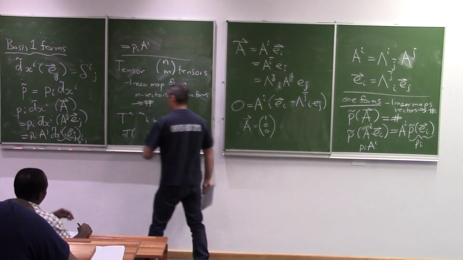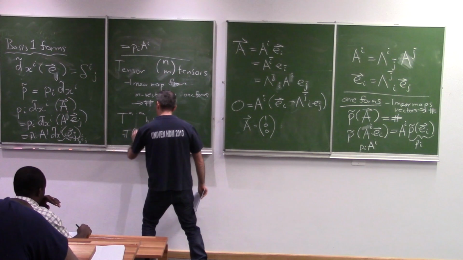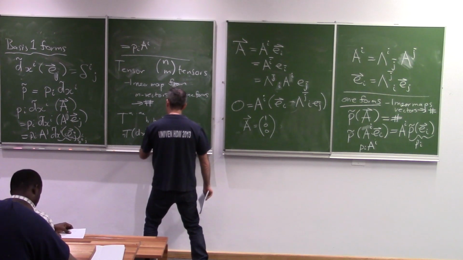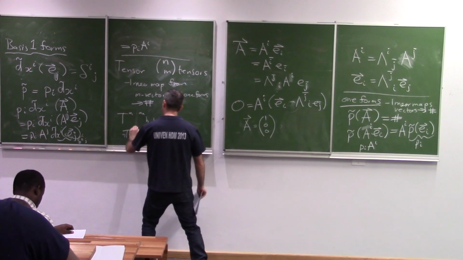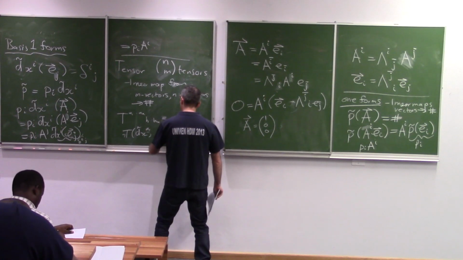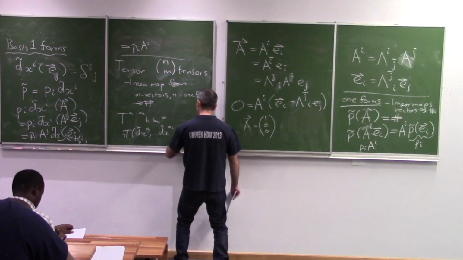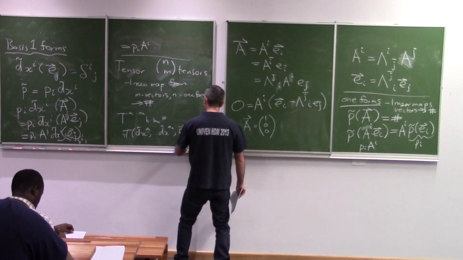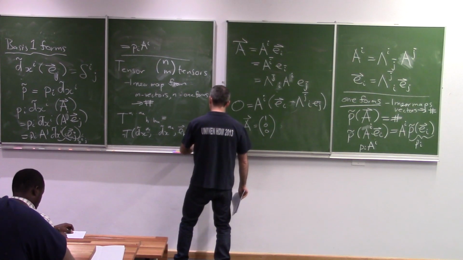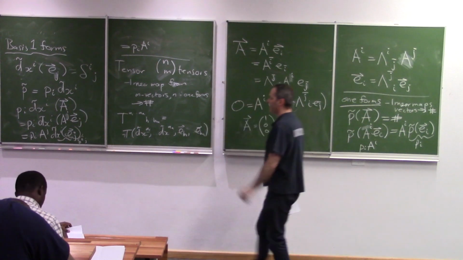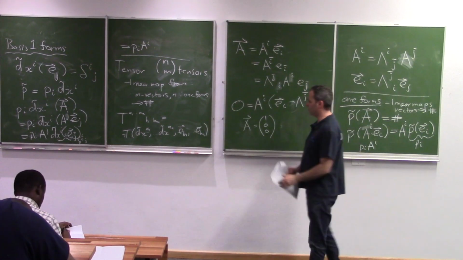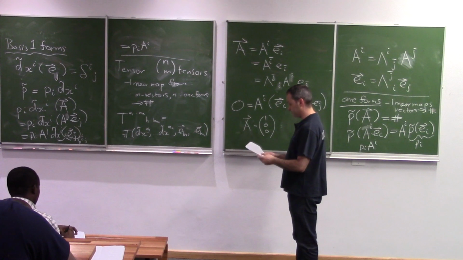That's going to be T of dx^{a1}, that should be a tilde, up to dx^{an}, and I feed it e_{b1} up to e_{bm}. Yeah, that's what the component of that tensor is.